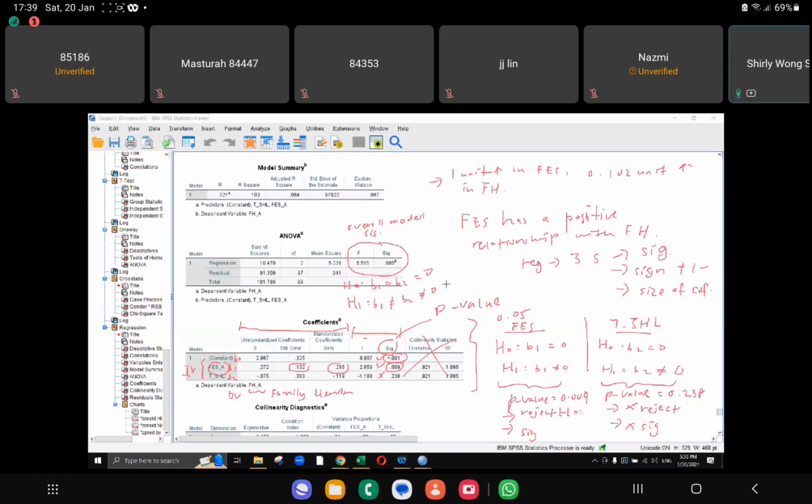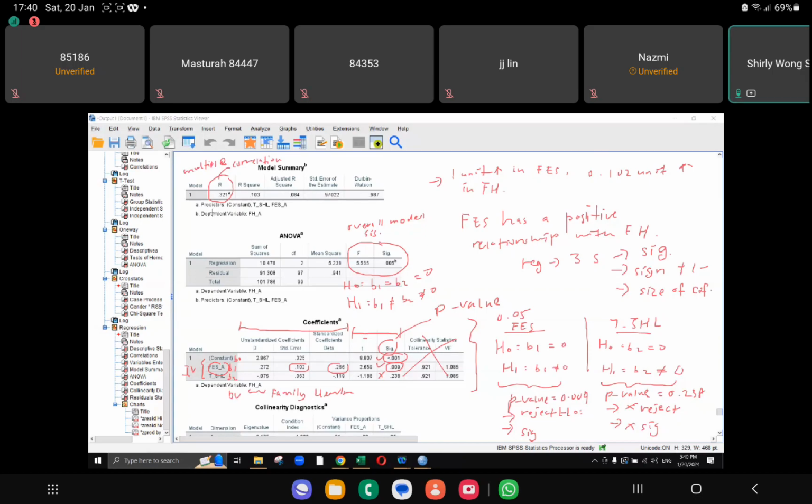Then this is the multiple R. Remember what is R? R is correlation. So we call this the multiple R, the multiple correlation under the regression. It's a joint correlation measure when you run a multiple regression.